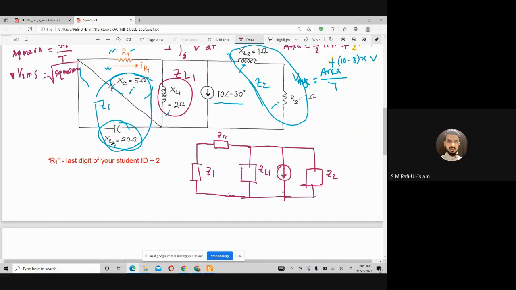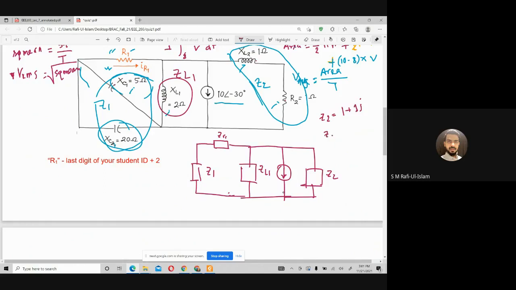This is a very easy modification, right? Because these two are in series, and these two are in parallel, so we can get Z1 and Z2. Can I define Z1? We can write down Z2 equal to, what is this value? R2 equal to 1? Okay, 1 plus 1J, right? This is Z2.